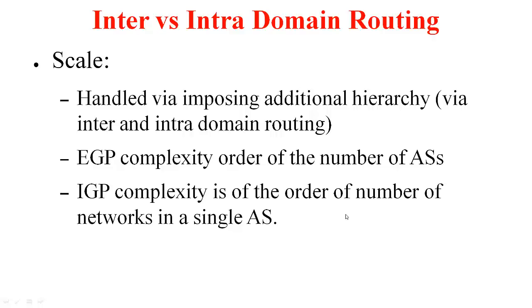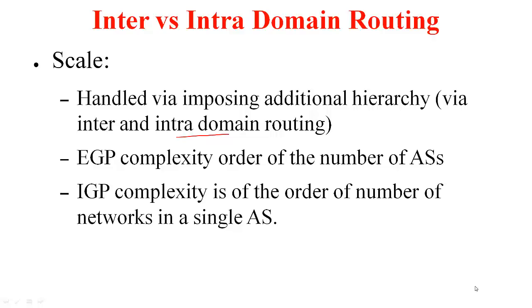And scale is handled by imposing an additional hierarchy, separating out inter and intra-domain routing. For example, if you're doing link state routing as part of the intra-domain routing, you're not flooding your packets across autonomous systems. It is contained within your own autonomous system, so it scales well. These border gateway routers will summarize that information and pump it into the other autonomous systems via the inter-domain routing.